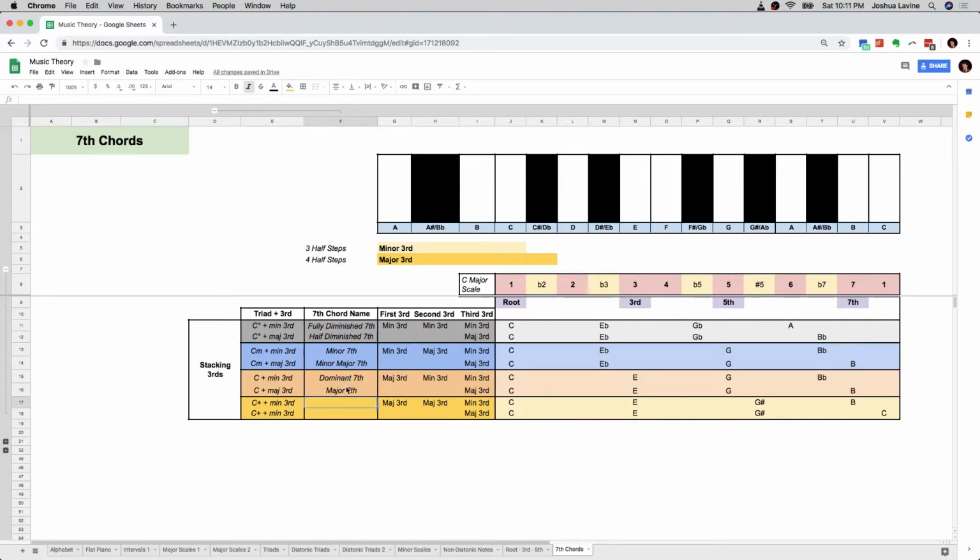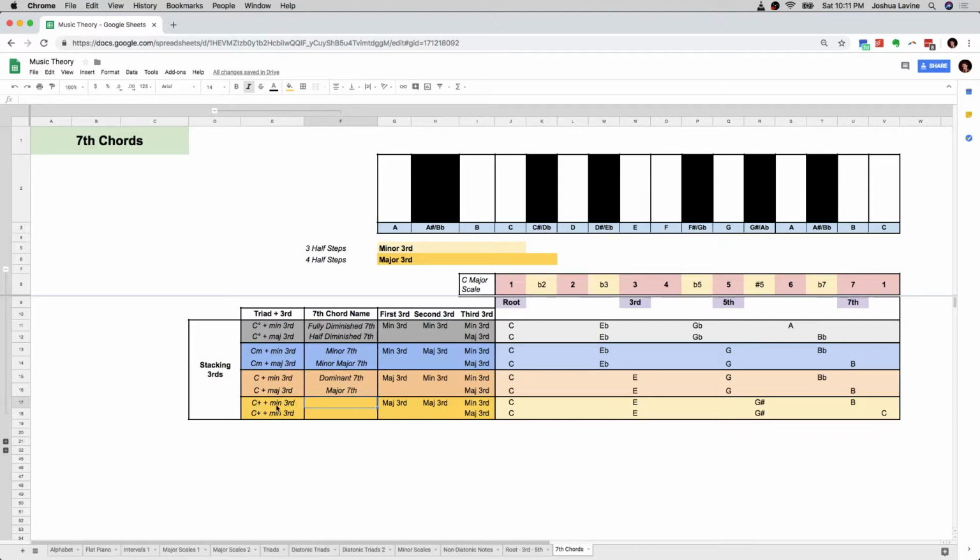Conveniently, in the minor seventh, the first third is minor and the third third is minor. In the major seventh, the first third is major and the third third is major. We're going to come back to these three very common seventh chords in a little bit when we talk about diatonic seventh chords, but for now, let's keep filling this out.